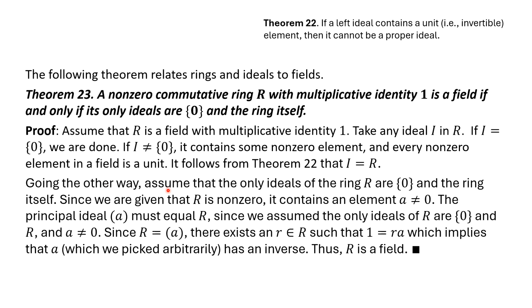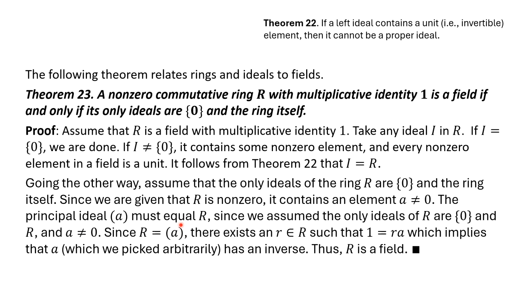So going in the other way, assume that the only ideals of ring R are the set with 0 and the ring itself. Since we're given that R is non-zero, it contains an element A not equal to 0. The principal ideal generated by A must equal R, since we assume the only ideals of R are 0 and the ring itself, and A doesn't equal 0.